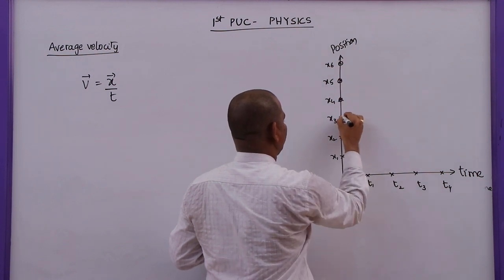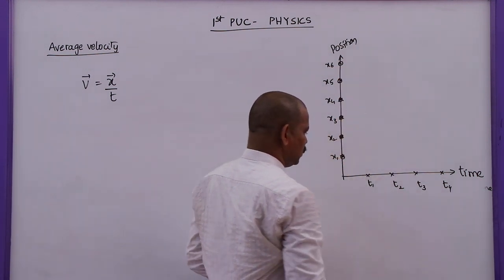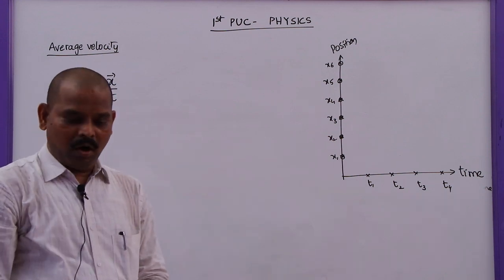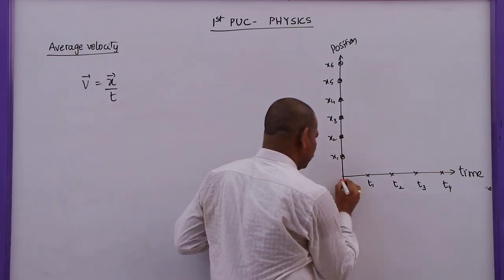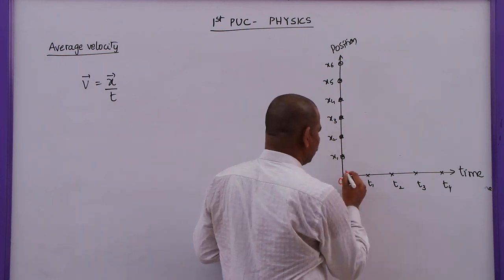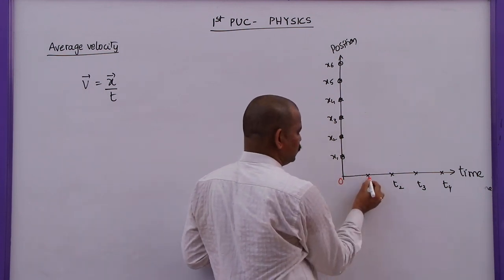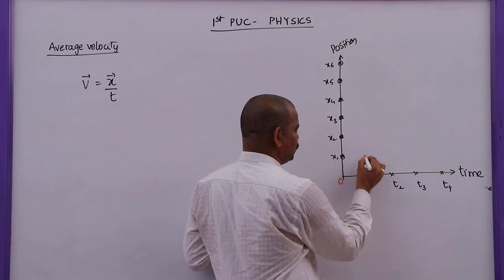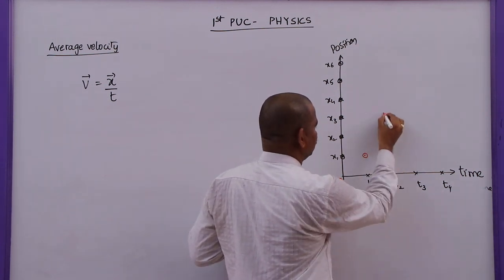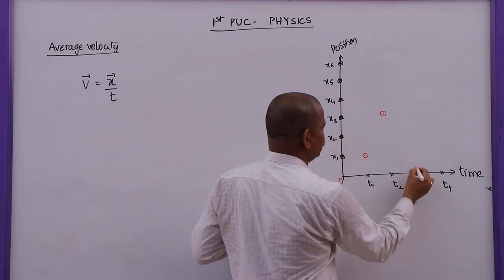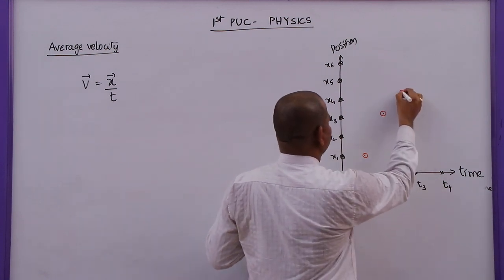So these are the positions. Now, a body is moving such that its position is changing with time according to this graph. When time is t1, position is x1. So this is the first position. When time is t2, position is x3. When time is t3, position is x4.